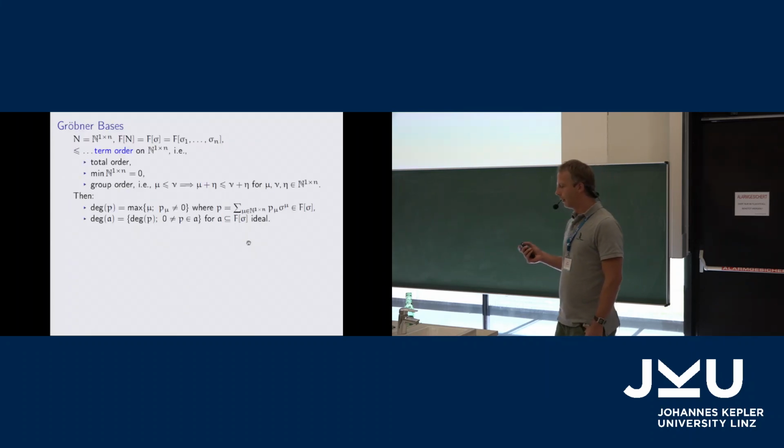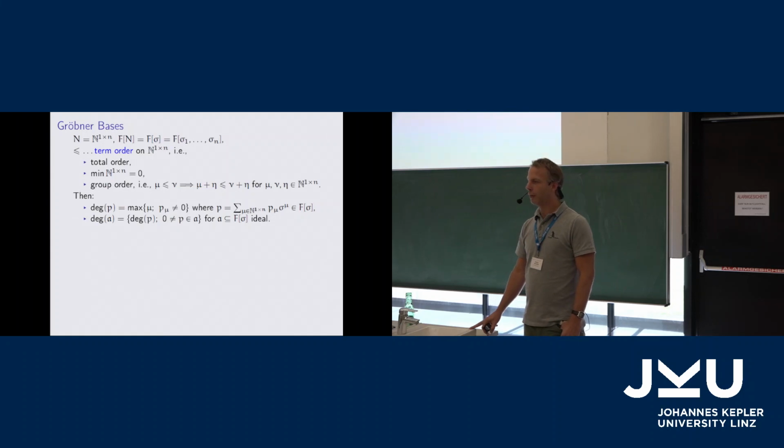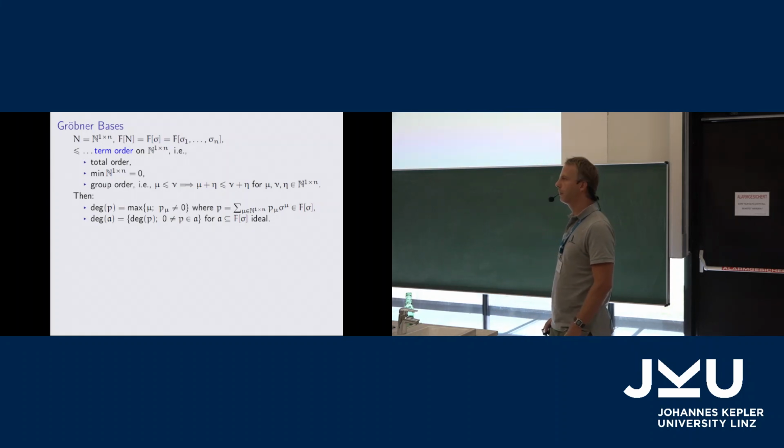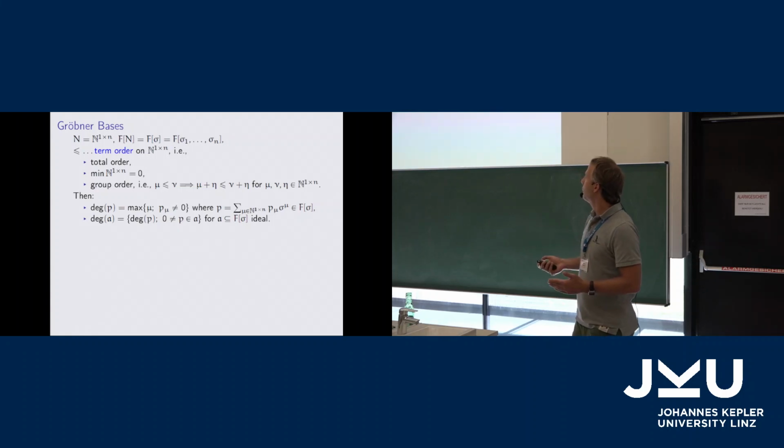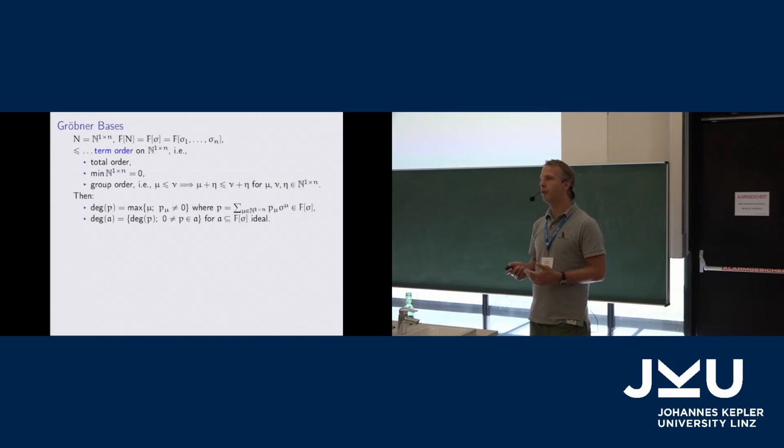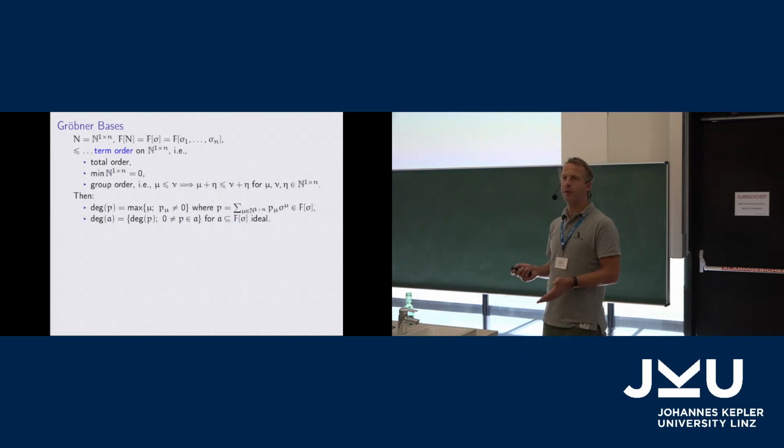Okay, let's recall shortly the definition of Gröbner basis. A Gröbner basis is always defined with respect to a term order, which is a total order. 0 is the smallest element, and it agrees with the addition. Once we have this, we can define what the degree of a polynomial is. We can define the degree set of an ideal. But it's in general difficult to compute this degree set. That's where the Gröbner basis comes in.